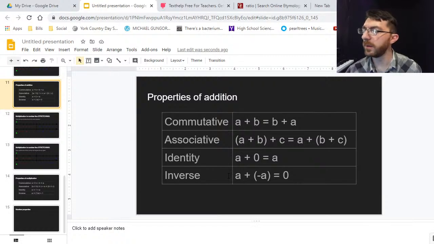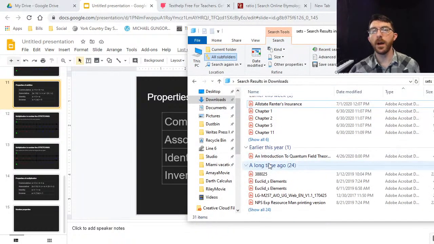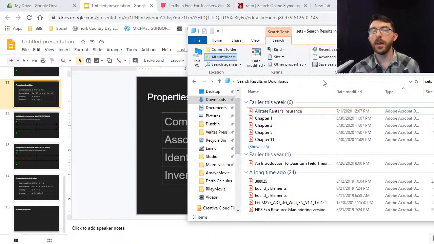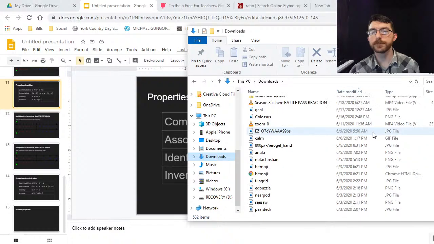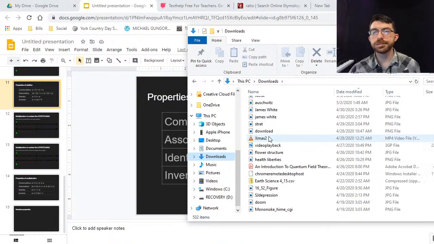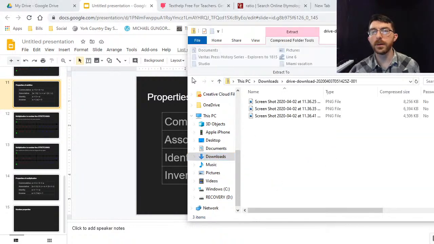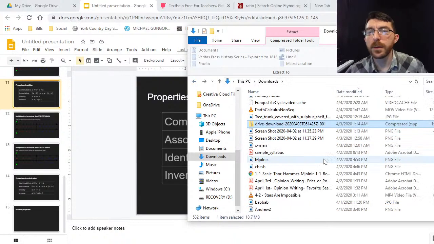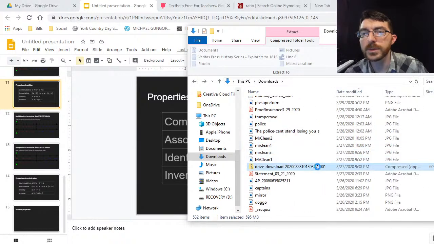I had a visual representation of these properties, and I'm not sure where they are. I wonder if they are here. I should have like a download box. No, it's not that. Is it this one?